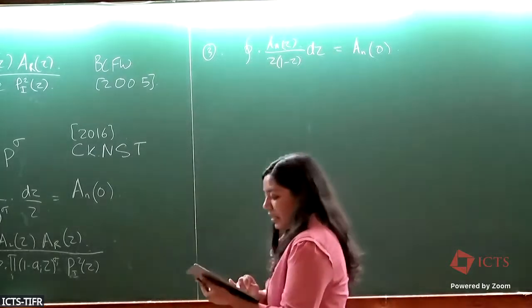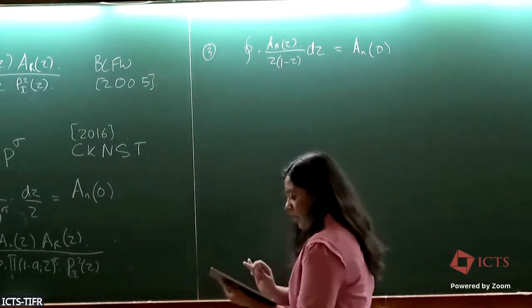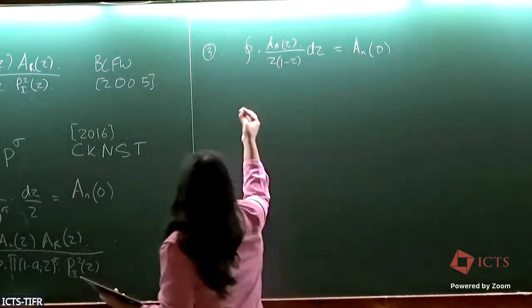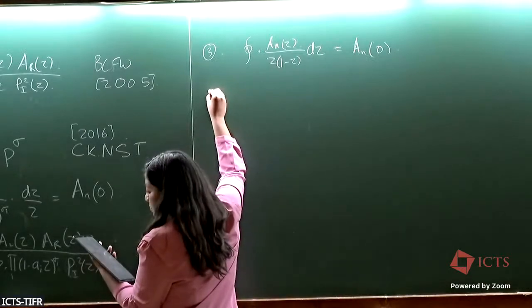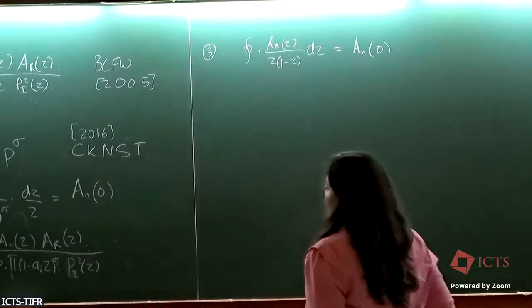Okay, good. So in this way, you can write down recursion relations. And then all you're doing is summing over residues at simple poles.